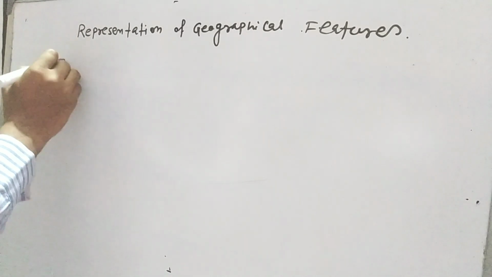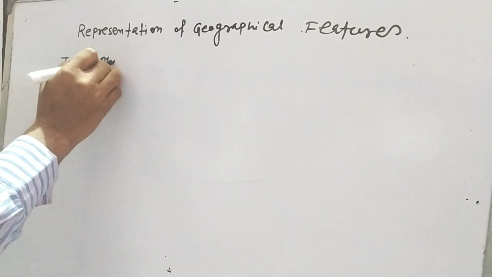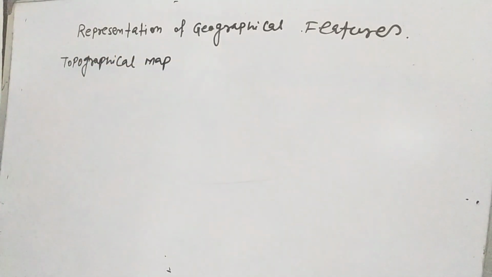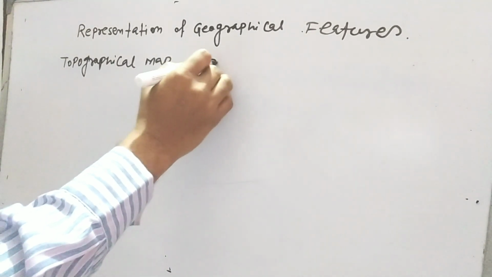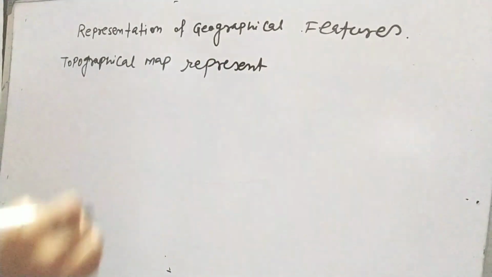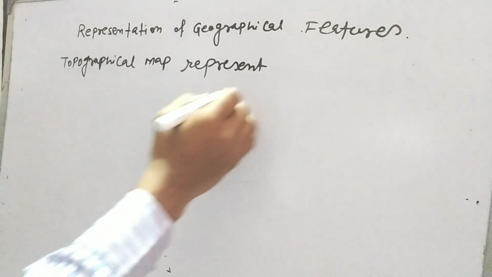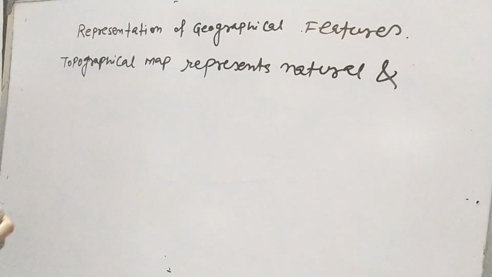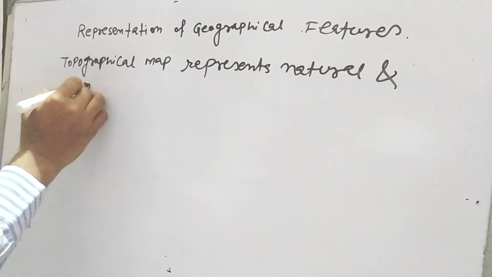So what is a topographical map? A topographical map represents natural and man-made features.